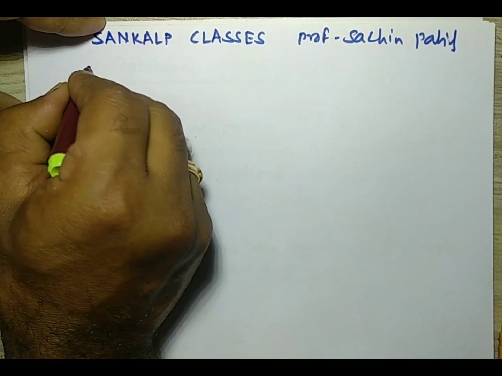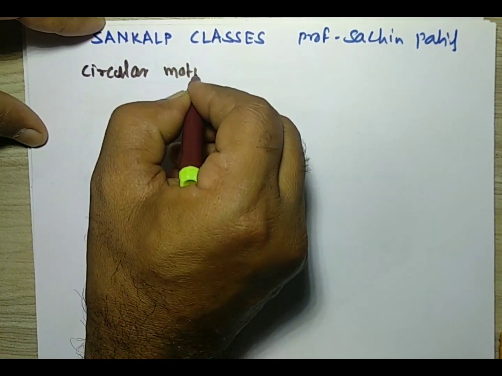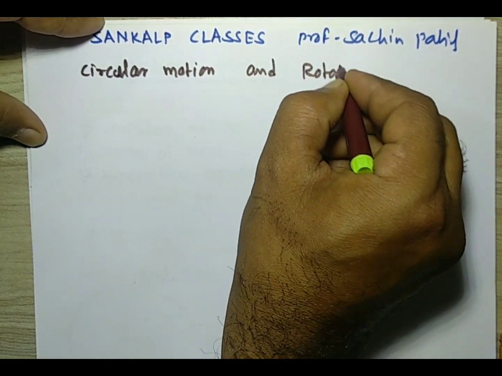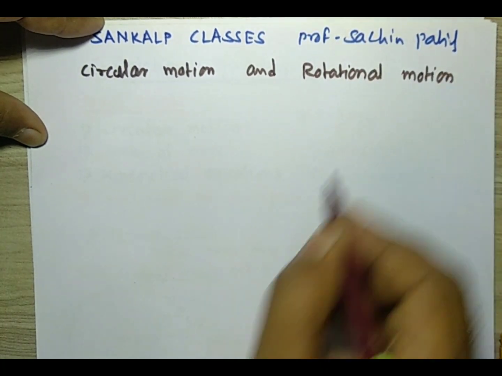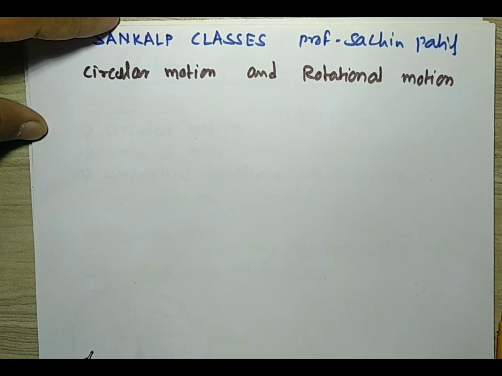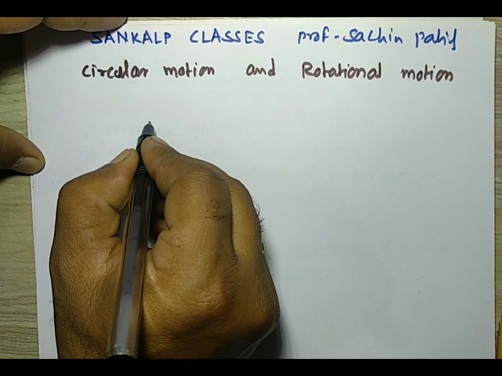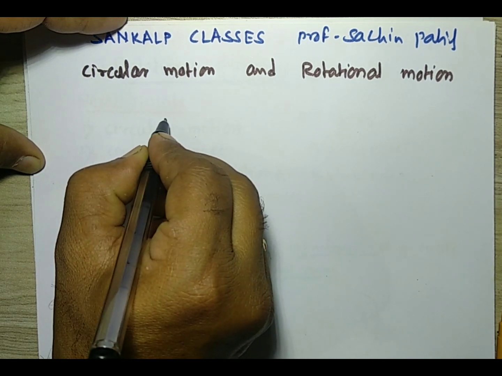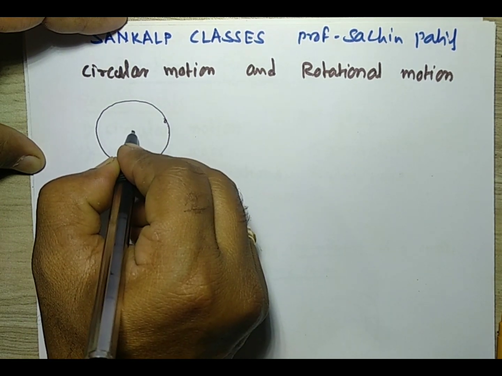In circular motion, we are going with a simple point. That means the particle is considered as a point, and it revolves in a circular orbit around one point or axis.